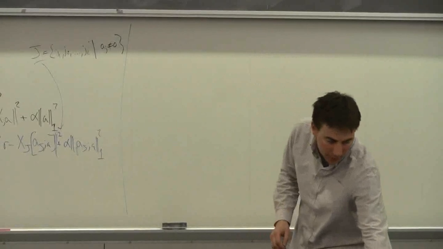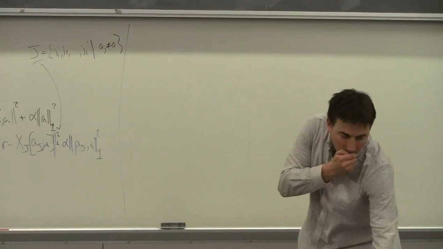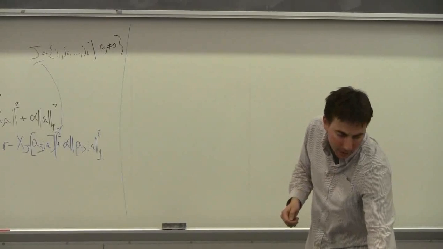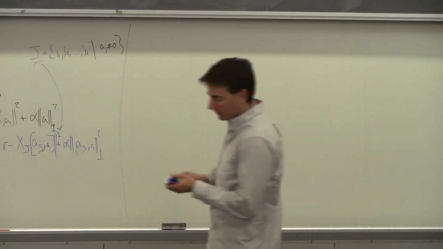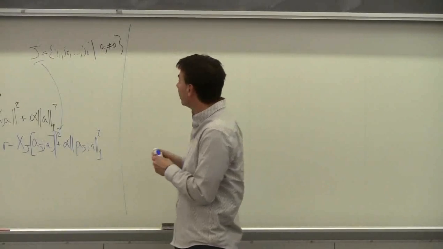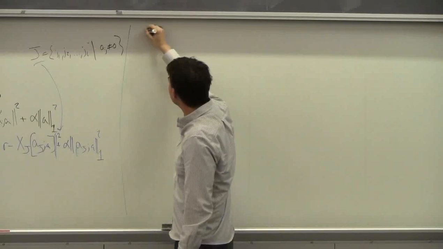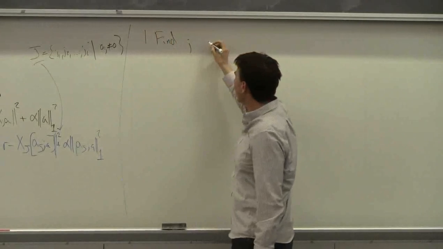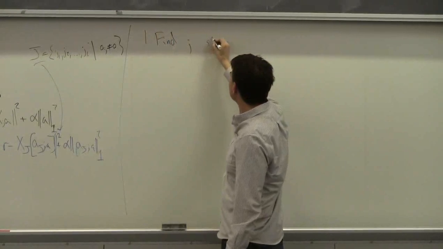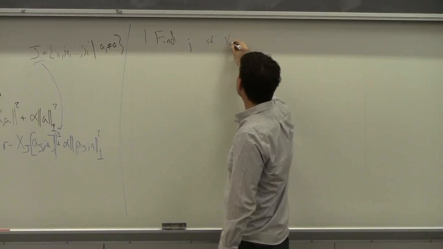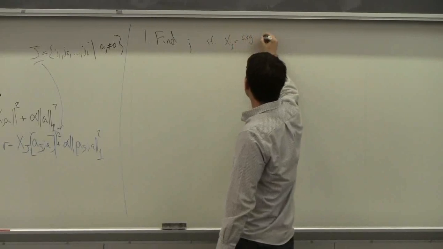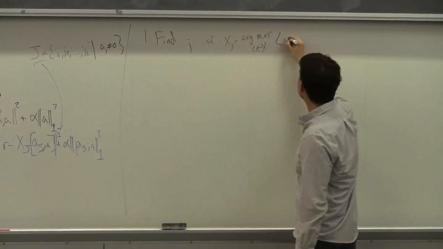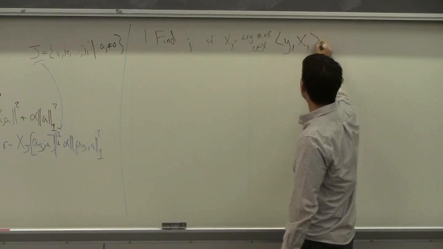So what I'm going to do is first, and I think I use t instead of beta, but it's going to work essentially the same way. Okay, so the first thing I'm going to choose is to first find j such that xj equals the arg max of a column in x with y, xj.